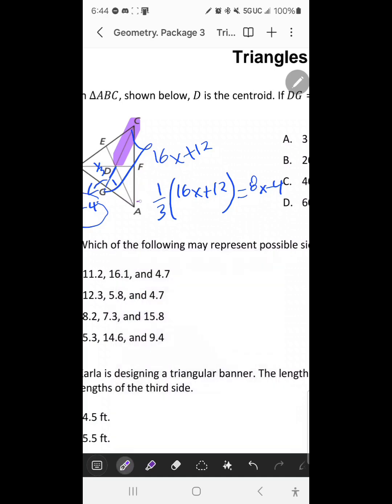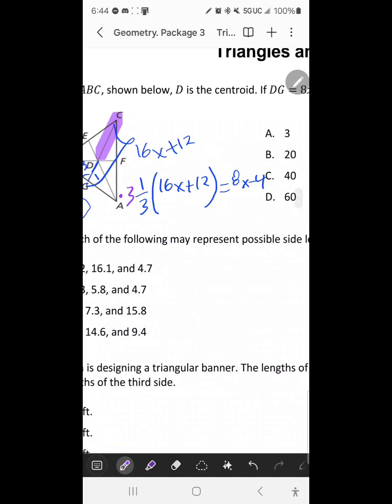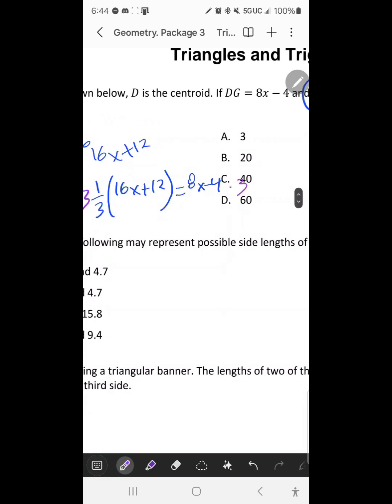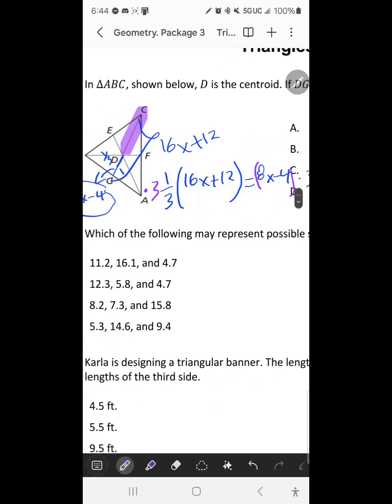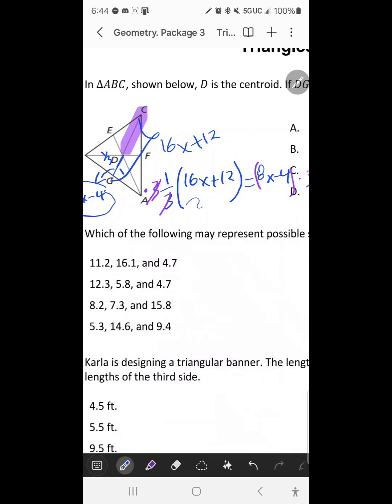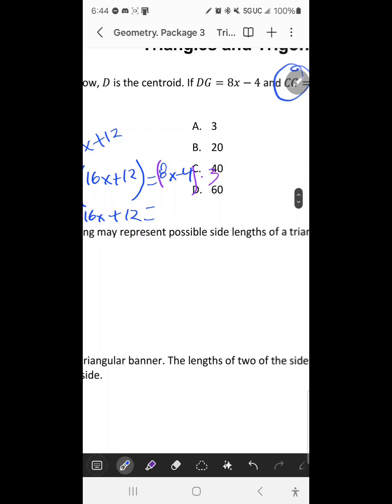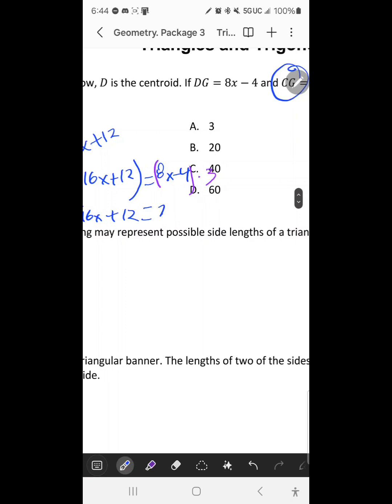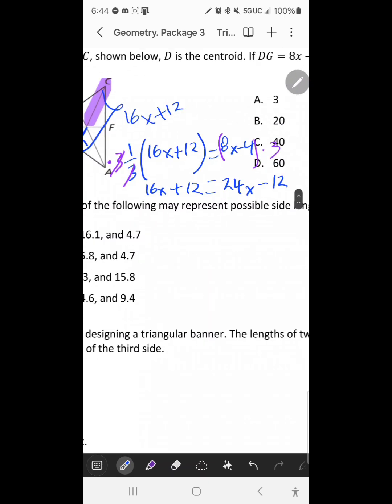This cancels out, and I get 16x plus 12 equals 3 times 4x, 12x, 3 times 4, 12, so minus 12, we keep the sign.